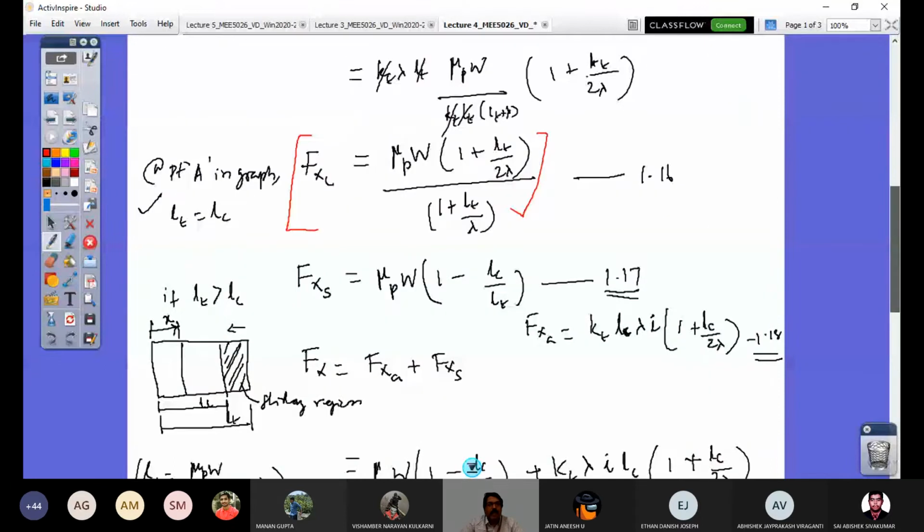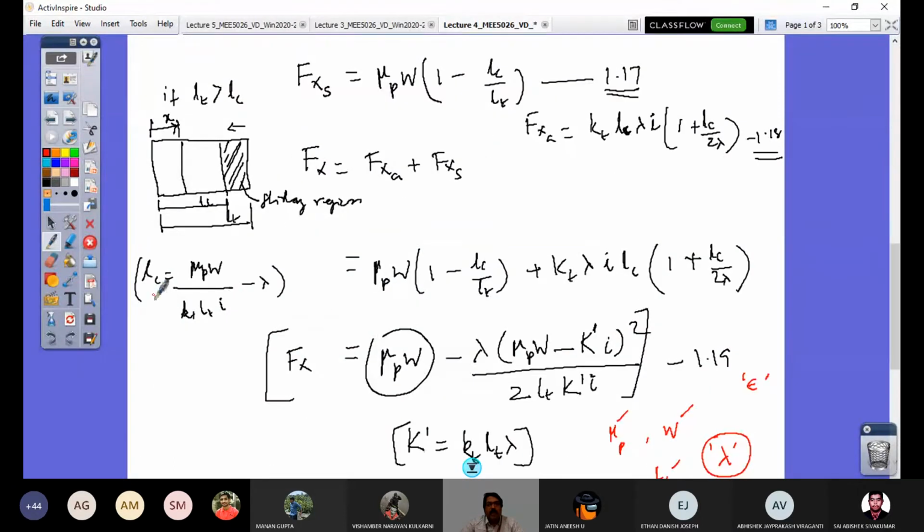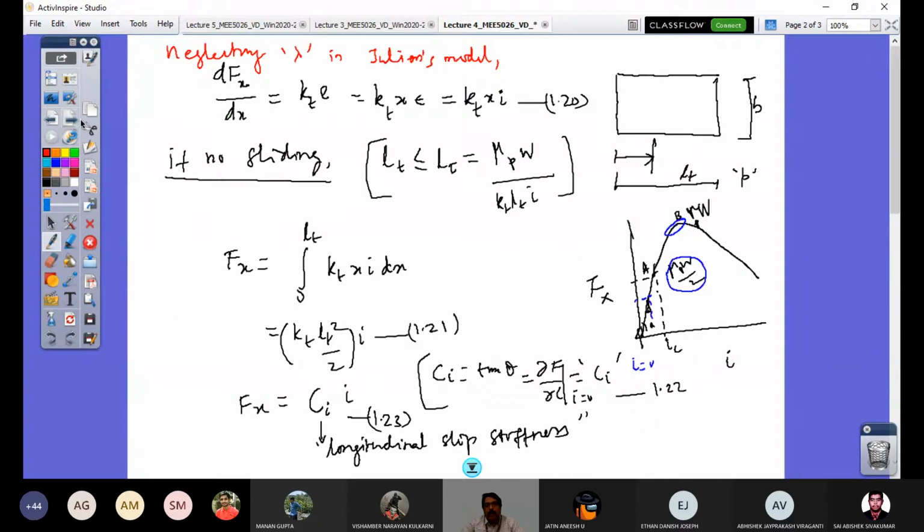So neglecting lambda, Julien's model has been reduced like that. We had a similar approach, with no sliding considered first, so that the entire contact patch could be represented by OA in this graph. Corresponding to the critical longitudinal slip value, μpw by 2 would be only half of the available potential due to interaction.